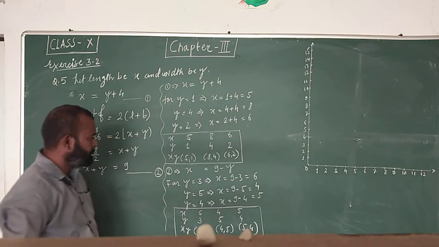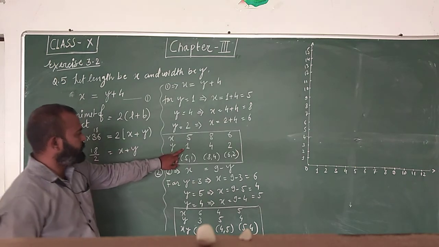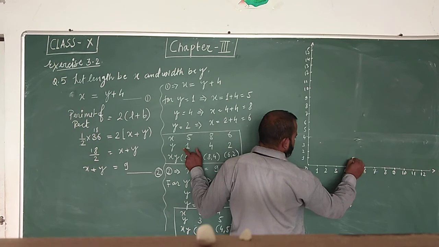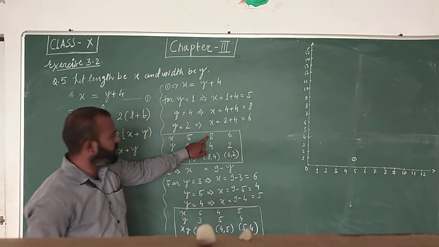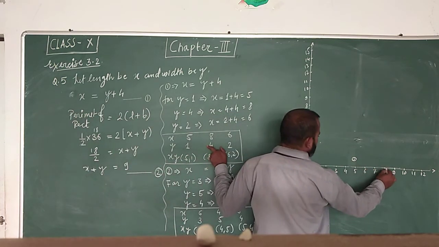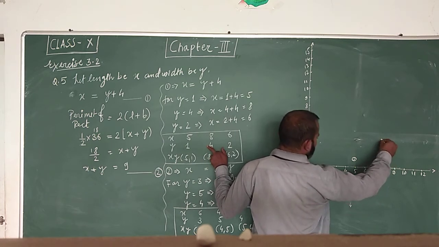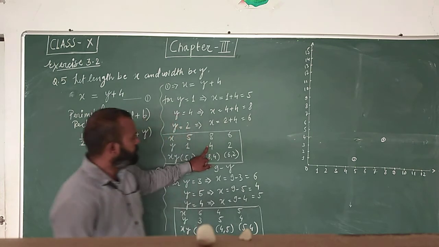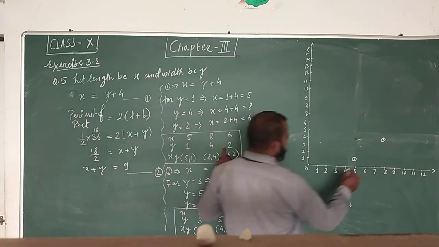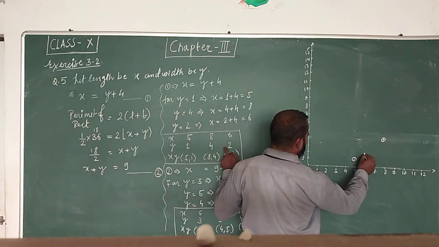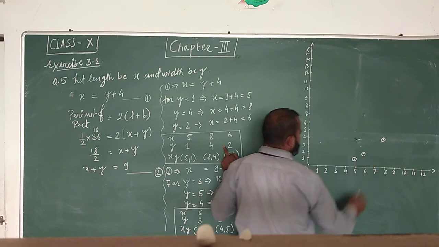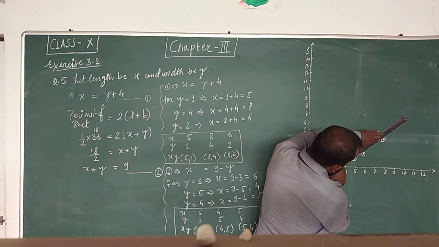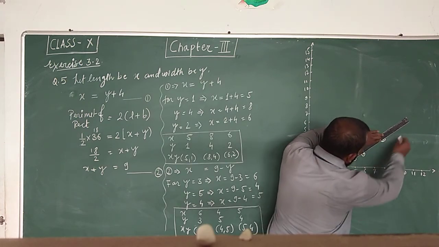Okay. Now 5, 1. Next 8, 4. Yes. 6, 2. So here we will get one line. को ड्रॉ कर लो.